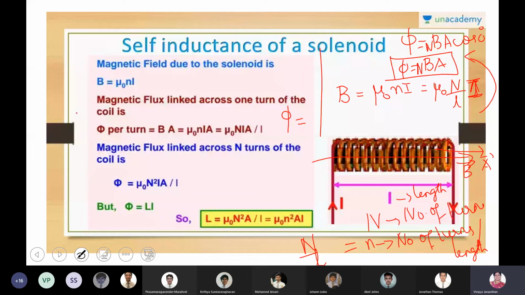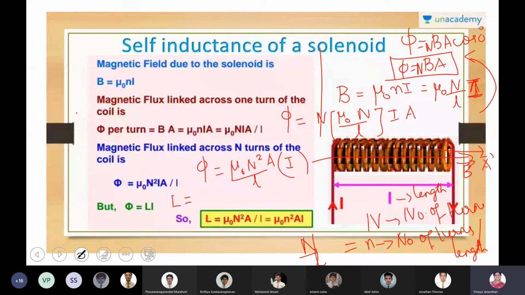Phi becomes equal to N into mu naught, substituting for B, N by L, I into A. So phi becomes equal to mu naught N squared A by L into I. Or, what is L? L is equal to phi by I, so that is equal to mu naught N squared A divided by L. So this is the coefficient of self-inductance of the coil.